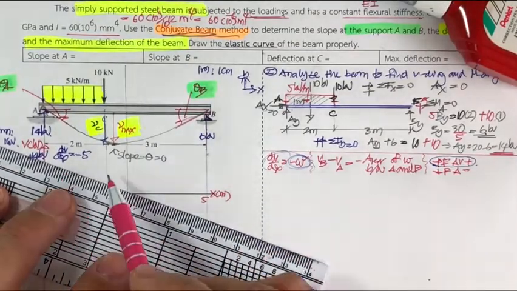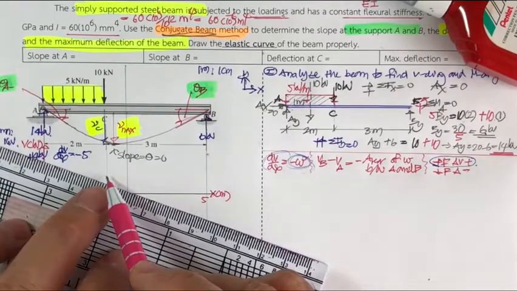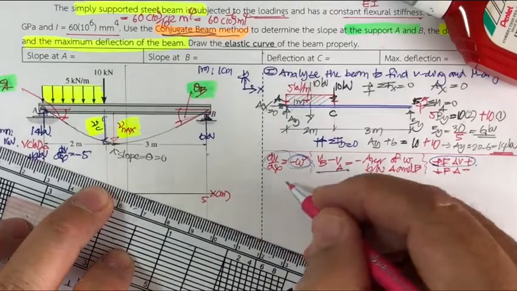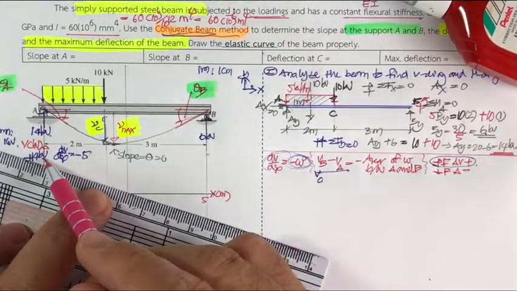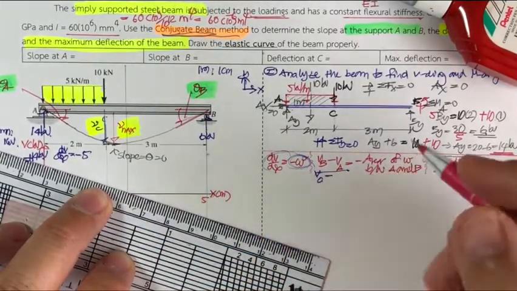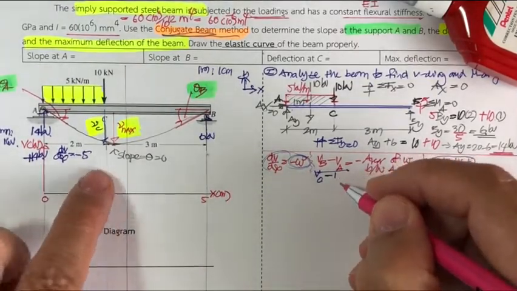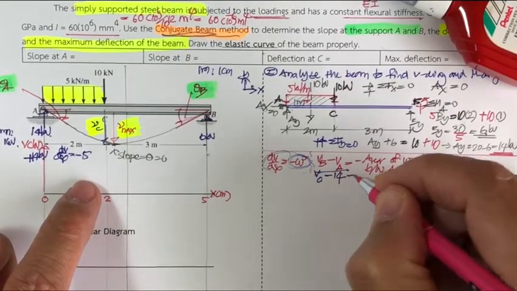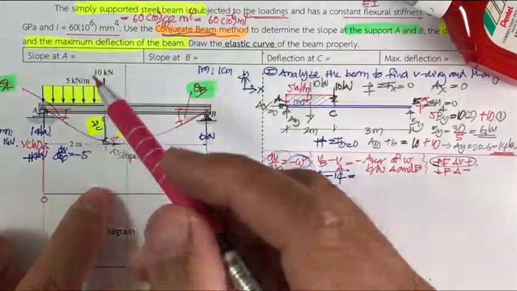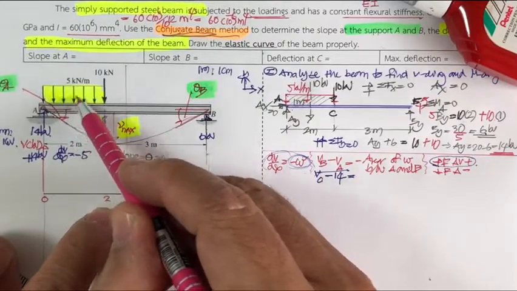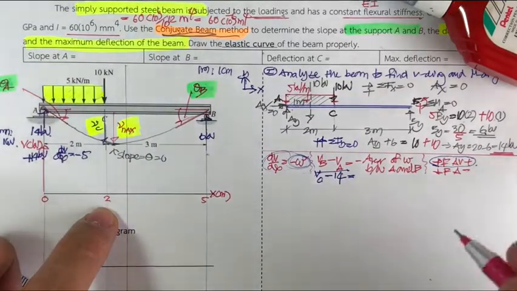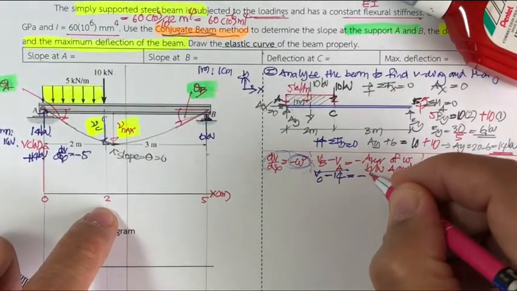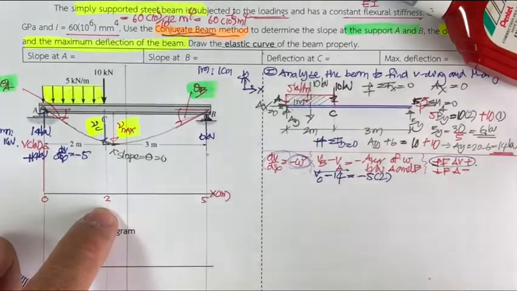And minus 5 all the way until you arrive at over here, C. So V sub C minus V sub A, minus 14, is going to be equal to minus the area of W between A and C. So it's going to be minus 5 times 2.